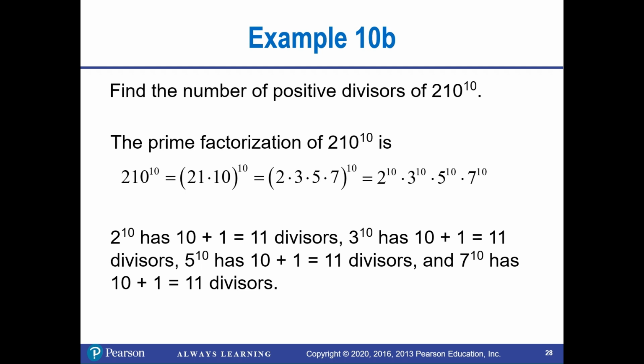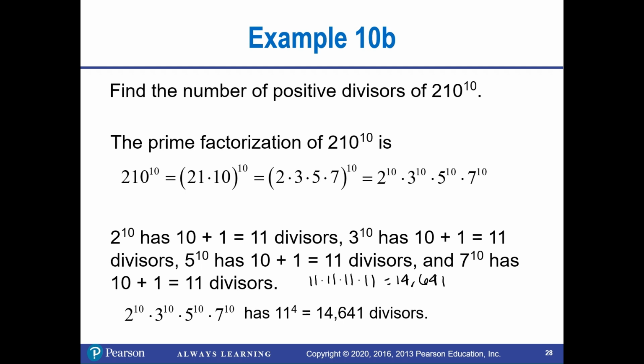They all have 11 divisors each. So I would take 11 times 11 times 11 times 11, which is 14,641 divisors. So 210 to the 10th power has 14,641 divisors, and that is a lot.